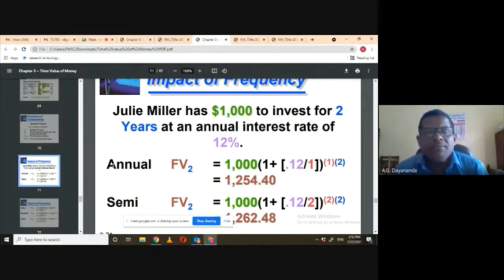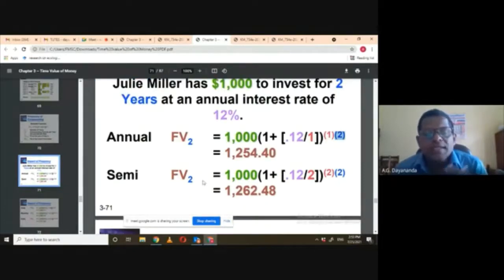So annual interest rate, 1,000 rupees times 1.12 to the power of 2. This 2 is because it takes 2 years, so you get the first year interest and the second year interest. That's why we put 2. So the answer is 1,254.